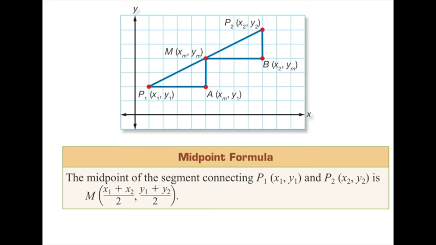For the midpoint, I literally just want the middle of the x's and the middle of the y's, right? So to find the midpoint, you average your x's, and that's your x value. You average your y's, and that's your y value. Remember when you're averaging, you add everything up and divide by how many you have. So I'm going to add my two x's and divide by 2. That is the x value of my midpoint. For my y's, I'm going to add my y's up and divide by 2.